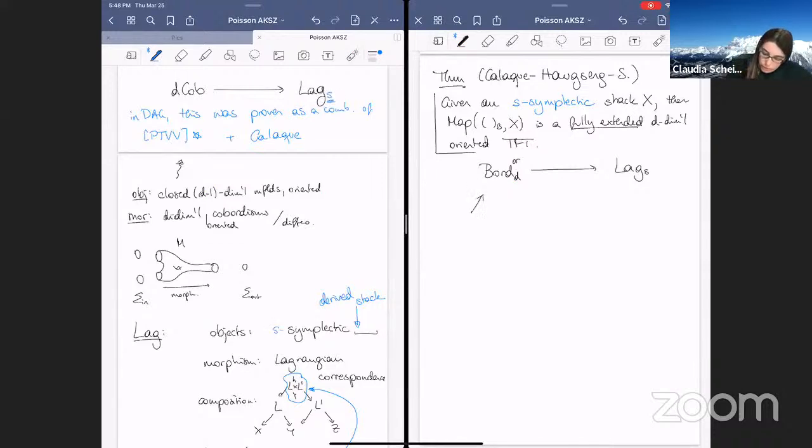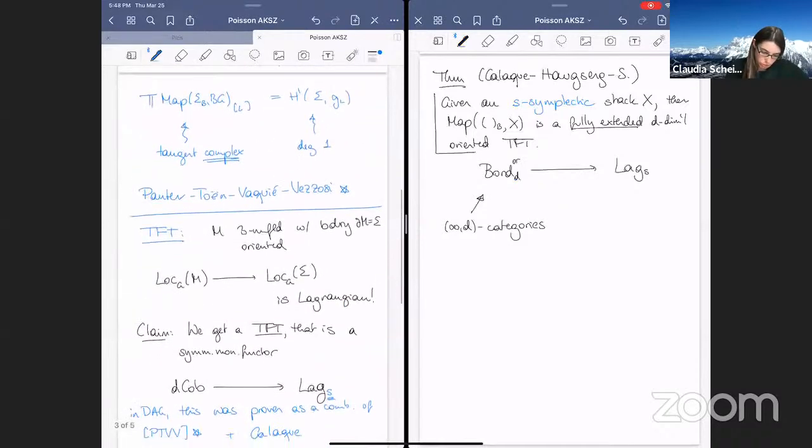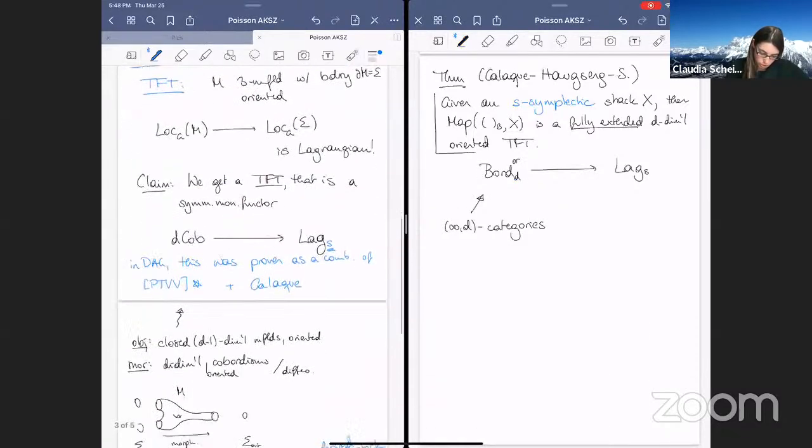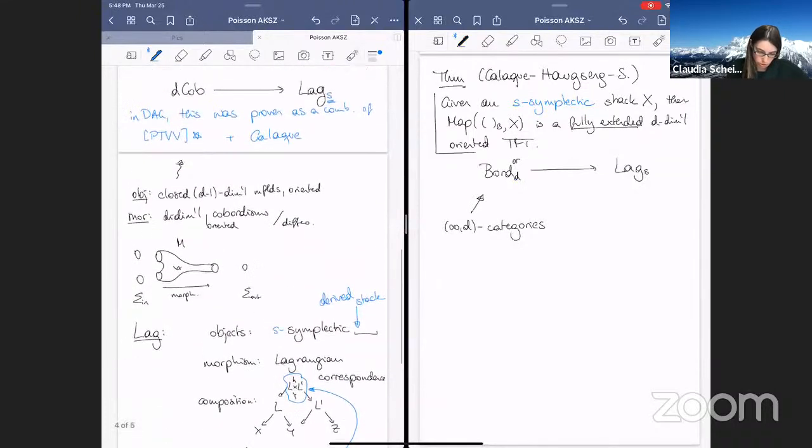But now these here are (infinity, d)-categories. And for the purposes of this talk, I don't really want to go much into detail. Dimension d of the TFT is related to the shift of X. No, it's not. It's actually not. So maybe this is something that I could have said up front. Yeah, maybe I'll write it down now.